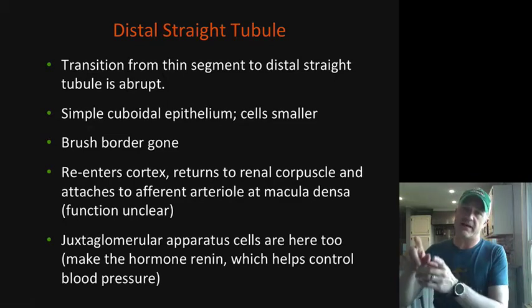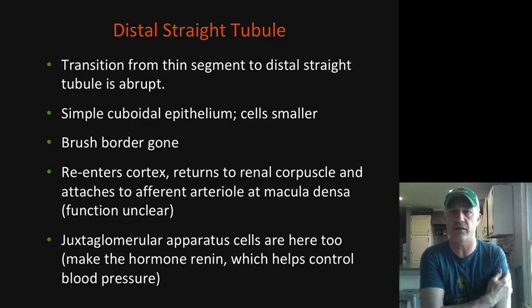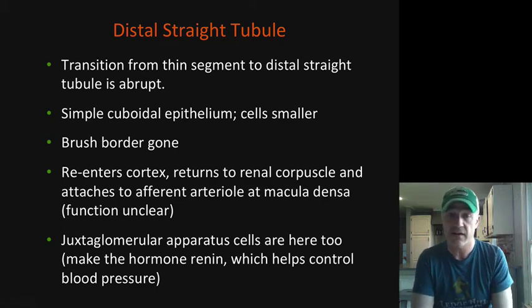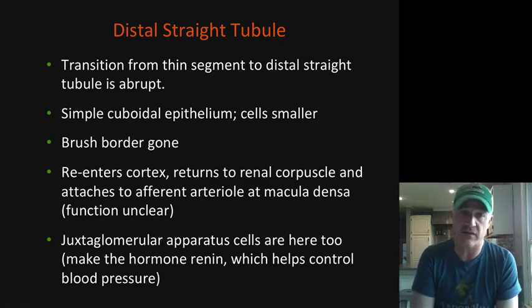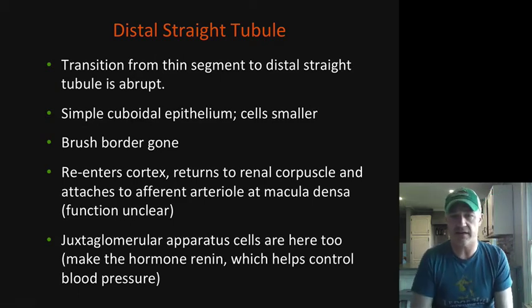Again, as it goes back up, you're going to get another very abrupt change where it's going to go to these distal tubules. Again, no brush border on these ones. They're going to go back to cuboidal cells, especially as it gets into this cortex again. It will go near the renal corpuscle.